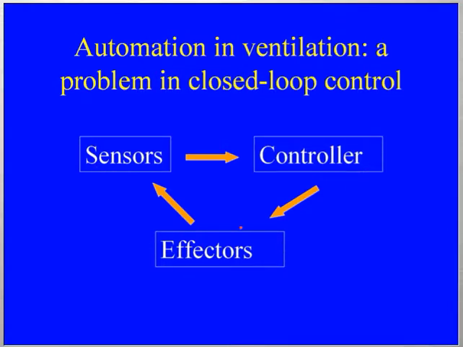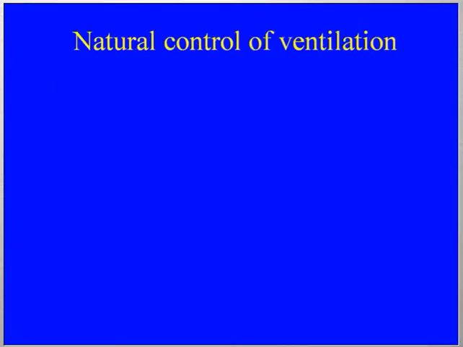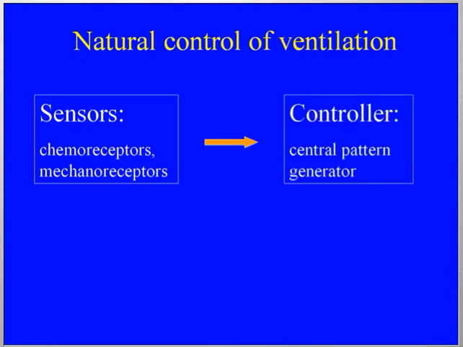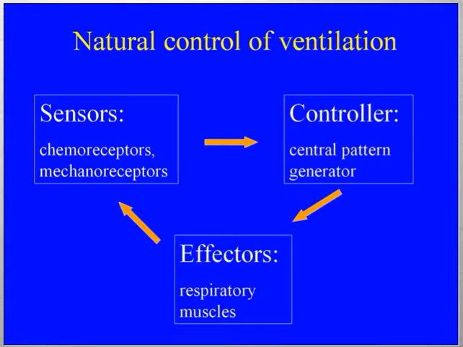Now, the sensors in the natural control of ventilation are the chemoreceptors and the mechanoreceptors predominantly. And they are giving the controller, which is the central pattern generator for most of the time, unless you care to occasionally override it by conscious control, information about how the effectors, namely the respiratory muscles, are doing.